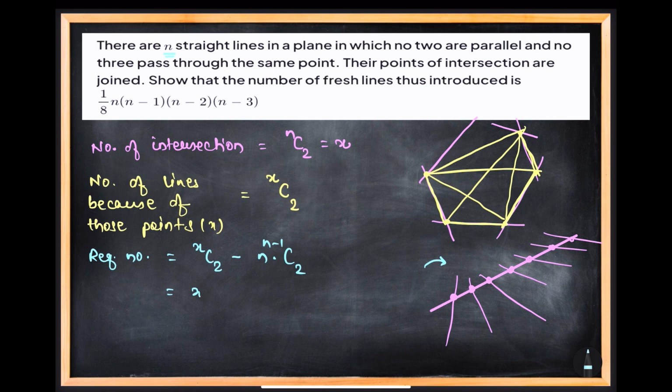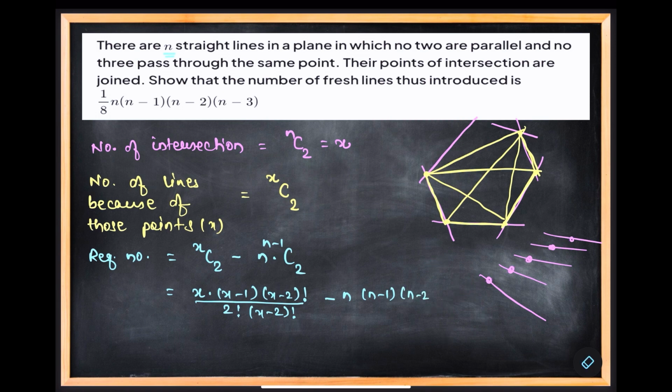So it is xC2, that is x into x minus 1 into x minus 2 factorial upon 2 factorial x minus 2 factorial, minus n times (n minus 1)C2, that is n minus 1 into n minus 2 into n minus 3 factorial upon 2 factorial n minus 3 factorial.